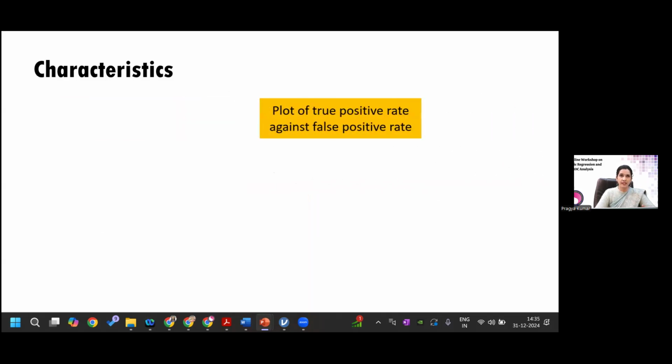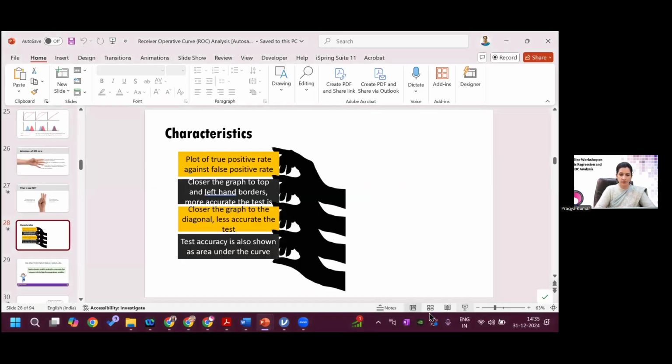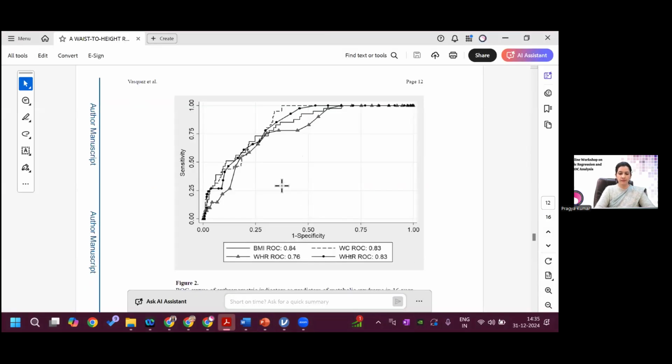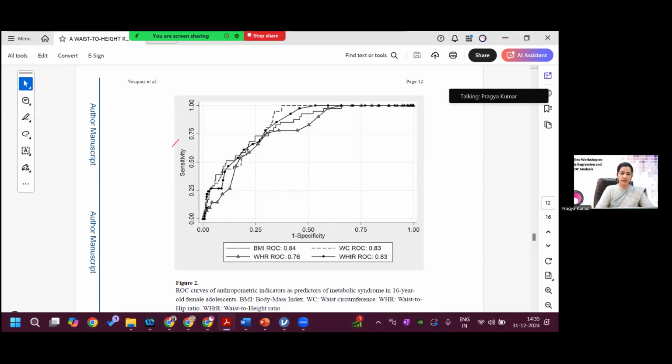So what are the characteristics of this ROC? This ROC curve is a plot of the true positive and false positive. You can see there are 2 axes, as we just saw in that graph, x-axis and y-axis. If I show that paper to you, sensitivity is true positive, and specificity is true negative.